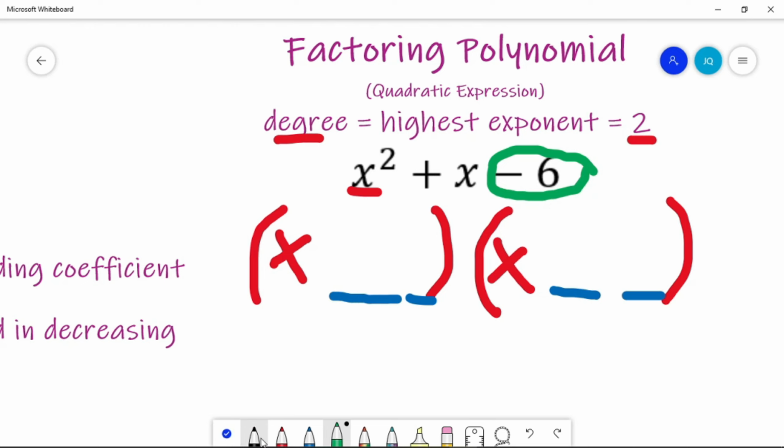So that's 6, right? So we would think of two numbers that when we multiply will result in negative 6. What are these two numbers?